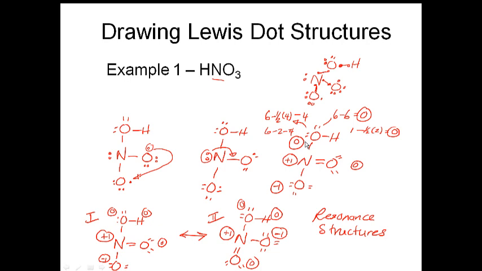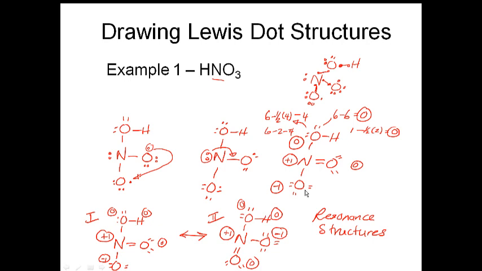Yes. Why? The nitrogen to the right-handed oxygen is a double bond here, a single bond there. This oxygen 0 formal charge, this one -1. Same thing as what we did with the phosphates. So structures 1 and 2 are different structures.